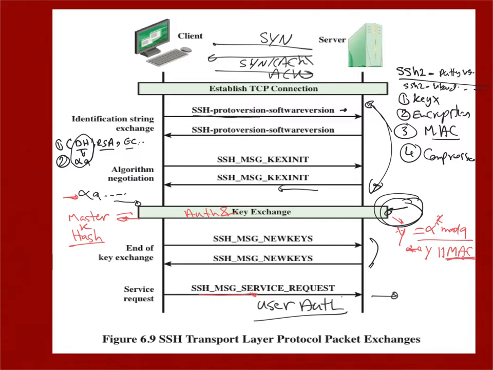The MAC is what you are sending as a message to the client. So for this message, first you are going to calculate the signature, and the signature is going to be encrypted using the private key of the server. Not only the Y, the entire message, because here you send other things which we don't have to talk about. So not only for the Y, but for other things.